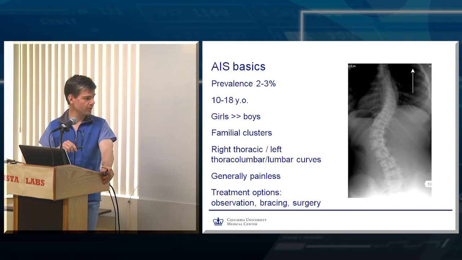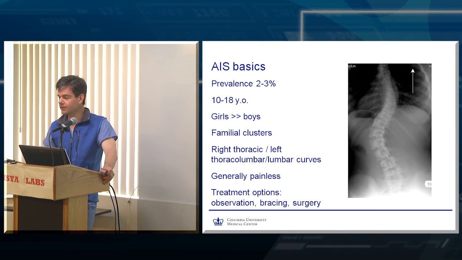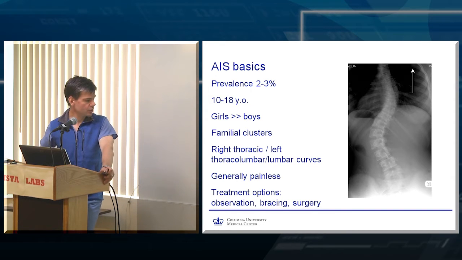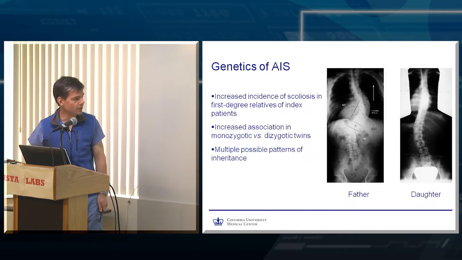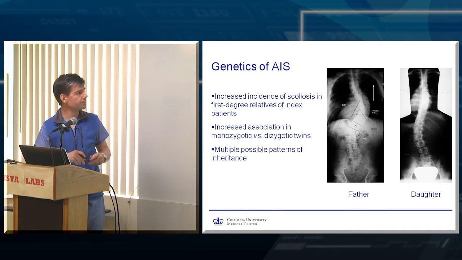It's probably a true unrelated situation in a patient with AIS. And if there is significant pain in a patient with AIS, again, it would warrant a further workup to identify the source of it, because it's very rare that there is significant pain in these patients. And of course, there's several treatment options, as we talked about yesterday. Observation is certainly an option, bracing, and surgery.